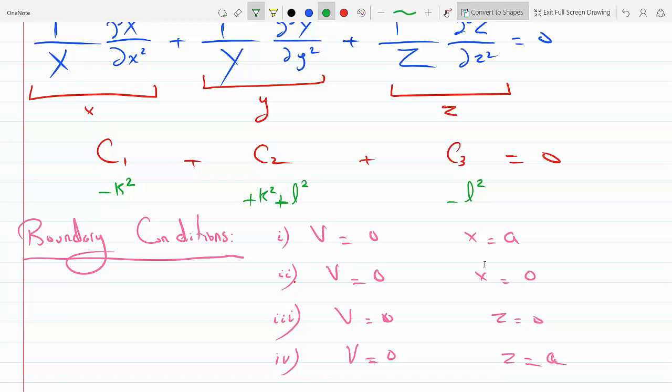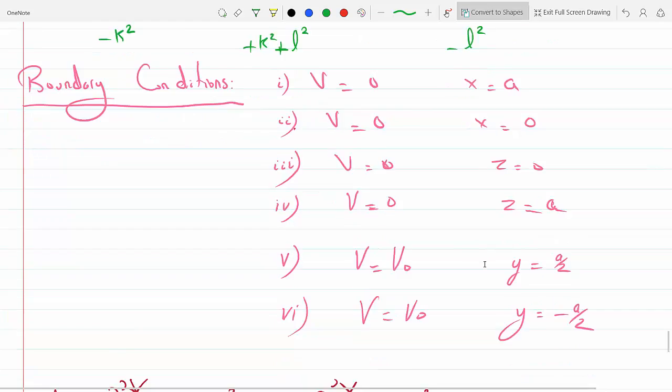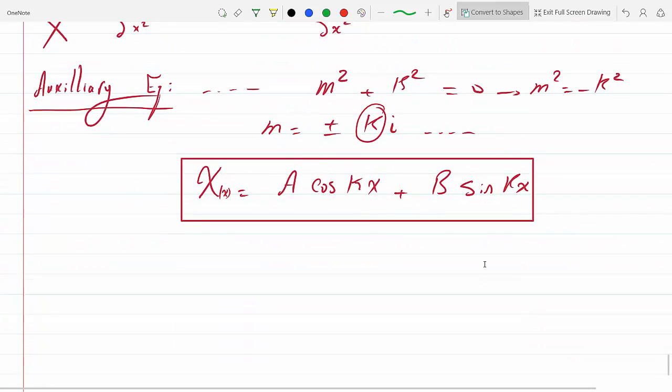So for the z, if I get sines and cosines, I have 0 potential on the boundaries, so I can fit it into my boundary condition. Let's solve the z one since it's similar.